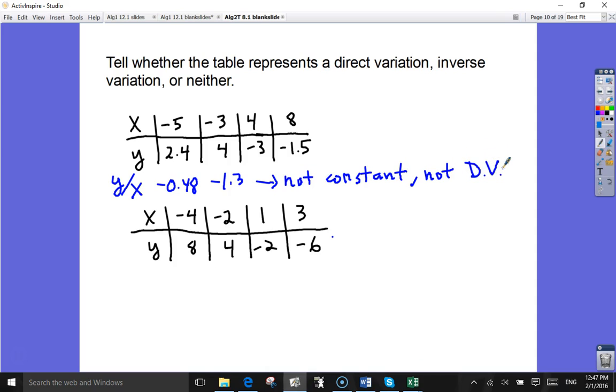Okay, try the product. What is x times y? -5 times 2.4 is -12. How about -3 times 4? 4 times -3 is -12. 8 times -1.5 is -12. So every time we do the product, we get the same thing. It's constant.